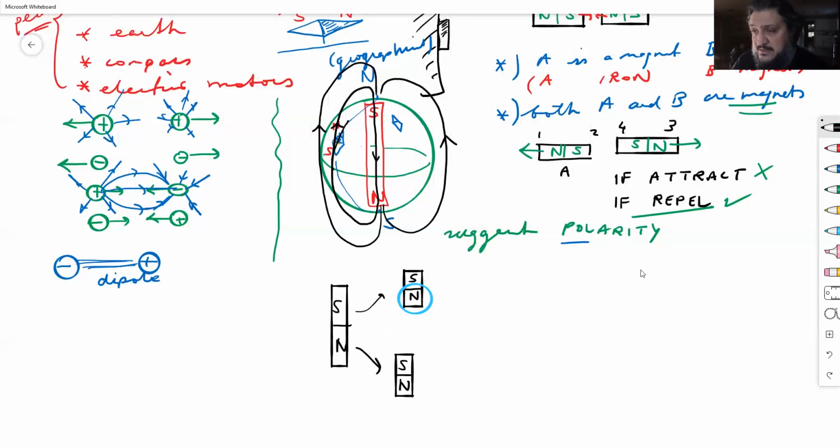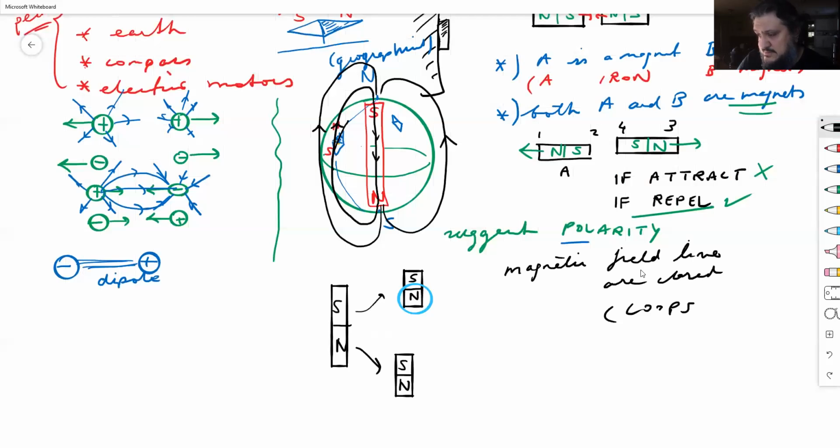Okay, so inside the magnet, south to north, outside of the magnet, north to south. So magnetic fields are loops. Field lines are closed. They're loops. Always. Okay. Magnetic field lines are always loops.